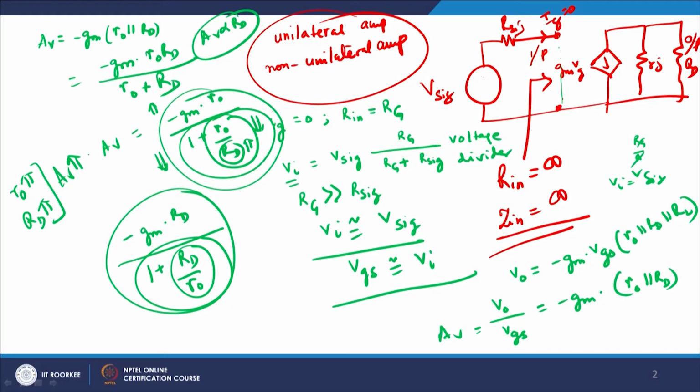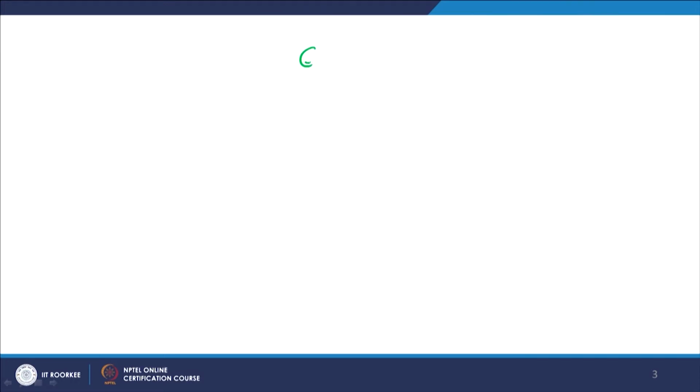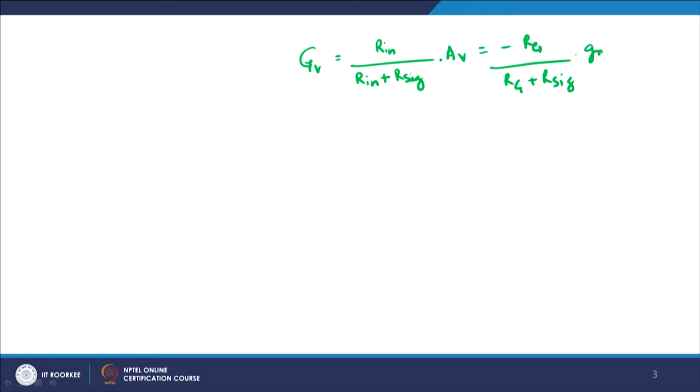If you want to find out the overall gain, the total gain of the system, then we write Gv, the total gain, to be equal to Rin upon Rin plus R signal times AV, which is equal to minus Rg upon Rg plus R sig times Gm times Ro parallel to Rd.